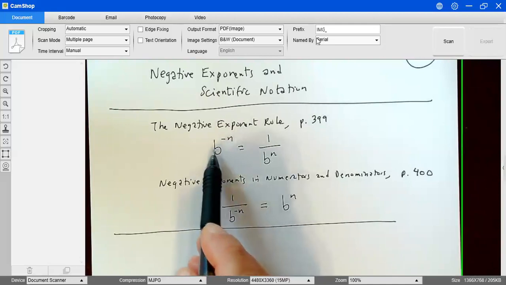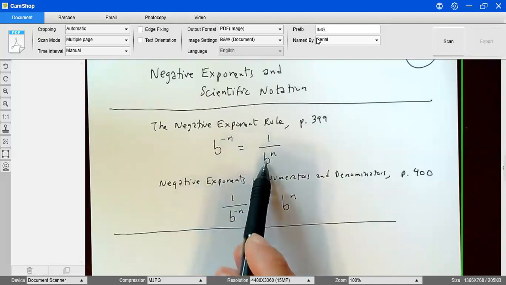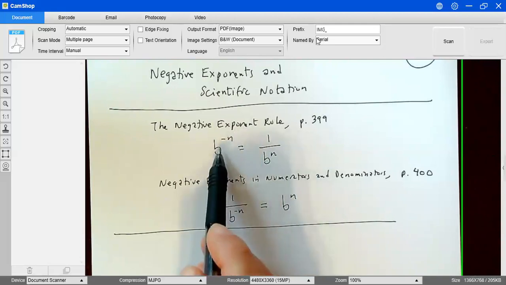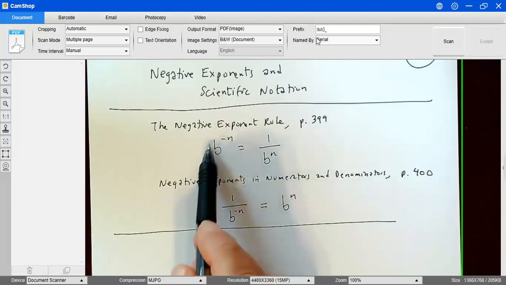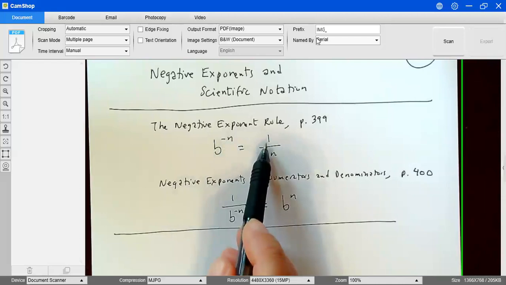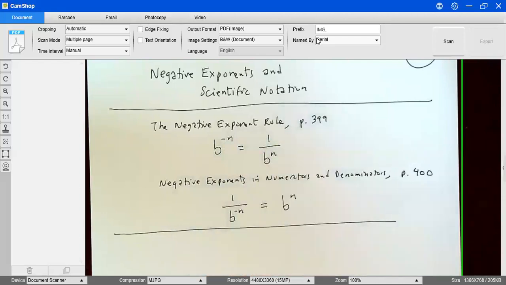Then you're going to move that to the denominator, and by doing that, we can switch the sign of the exponent. And in this case, you need to take into account that this b to the negative 1 is multiplying a number 1 that we don't see. That's the reason that we are left with a number 1 in the numerator.